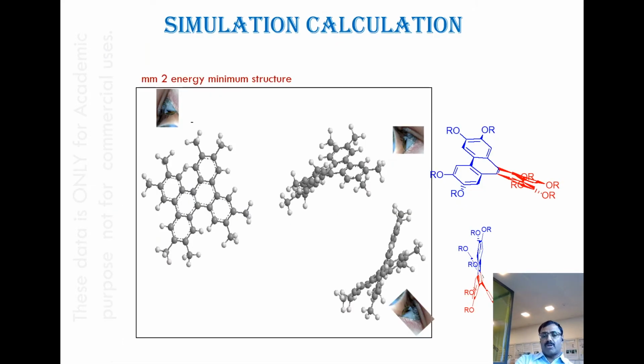Now when we do computation or simulation studies of this molecule with a simple 2D energy minimized structure, it looks like a flat molecule. Here I removed the aliphatic parts to see the structure carefully.